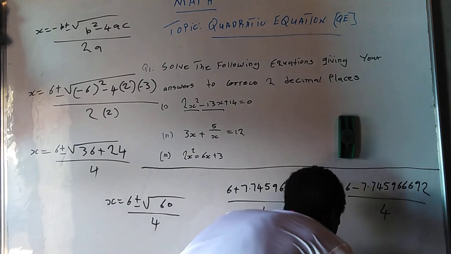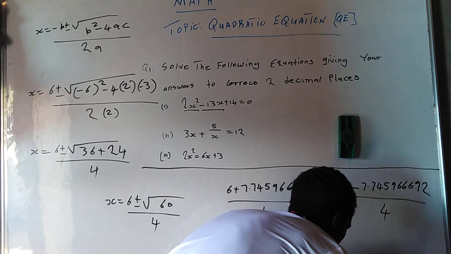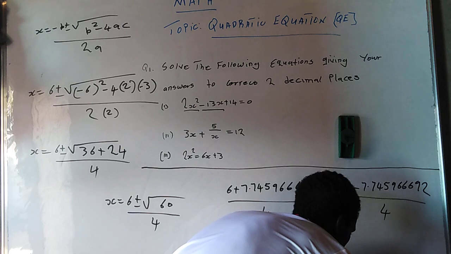In 2 decimal places, I'm going to say x is equal to negative 0.44.